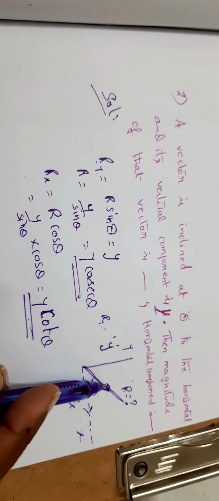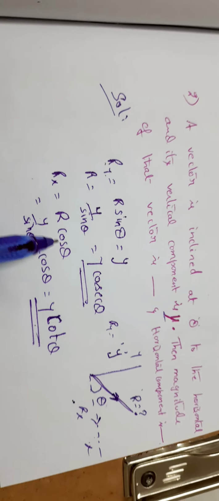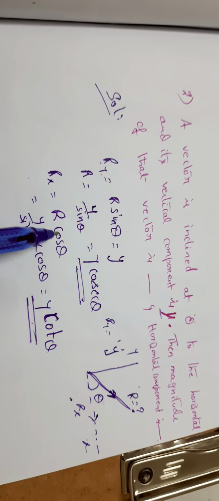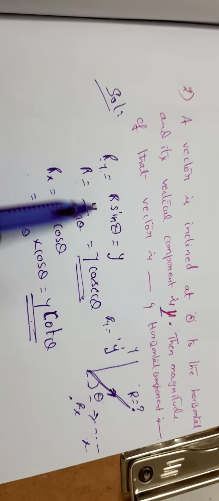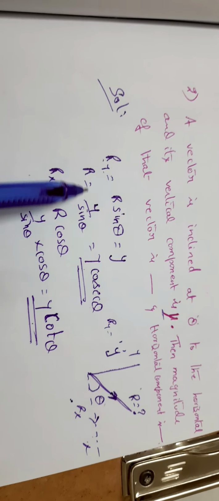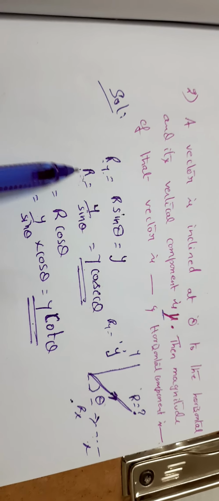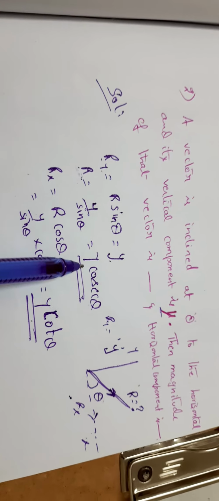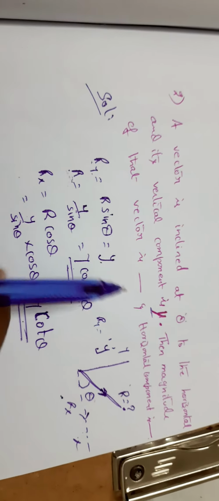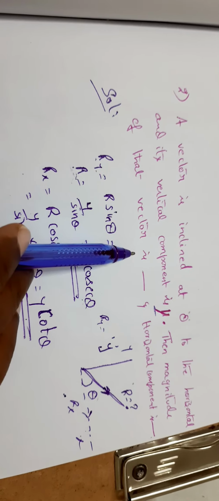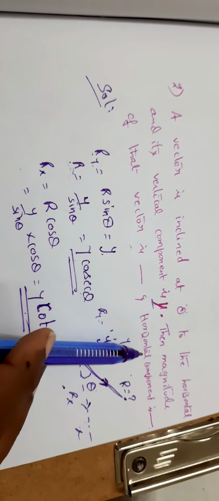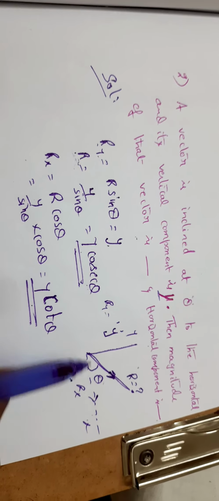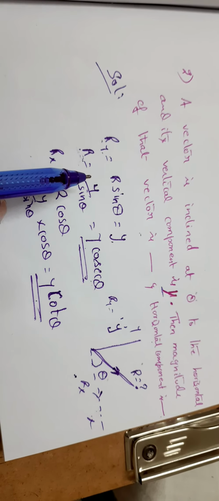Magnitude of the actual given vector is r, which is equal to y cosecant theta. Magnitude of the given one is r, where the vertical component is y. So y cosecant theta.